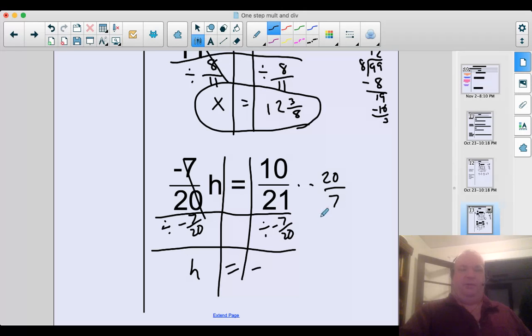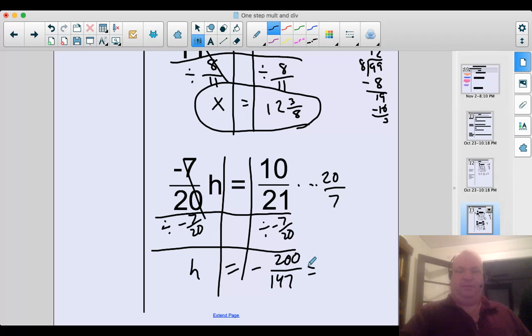So you don't need to tie it to the top or bottom. All right, so if I multiply this out, man, this would be really nice canceling, and so would this. But I can't because these are both on top. These are both on bottom. Okay, so I don't have any common factor on top and bottom. So I got to multiply out. So we got 10 times 20 is 200. 21 times 7 is 147.